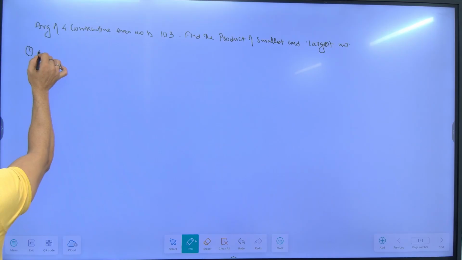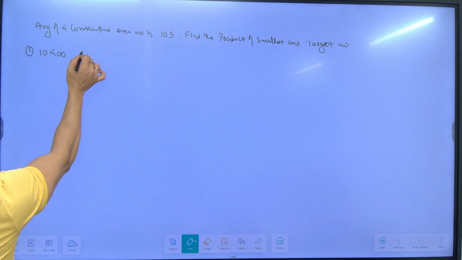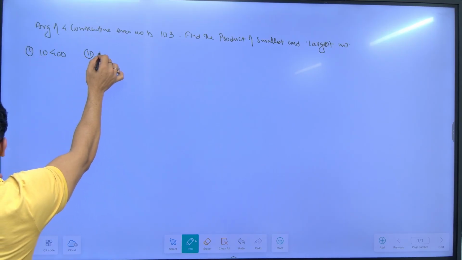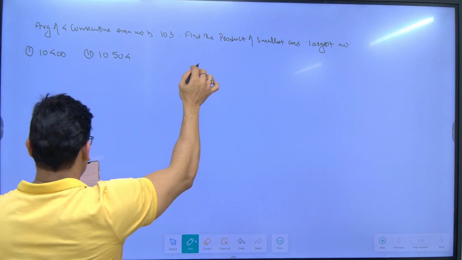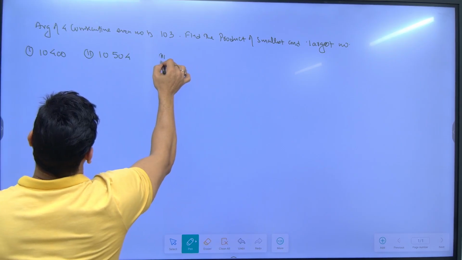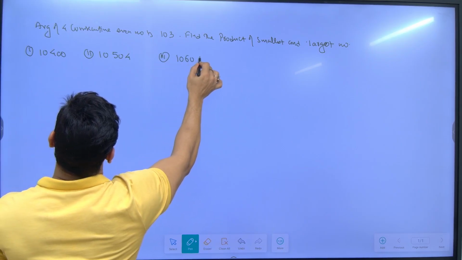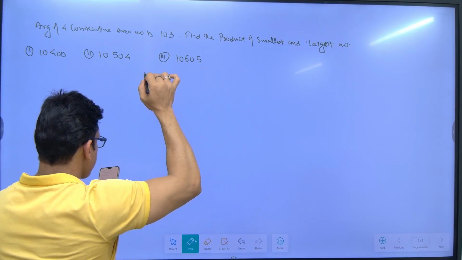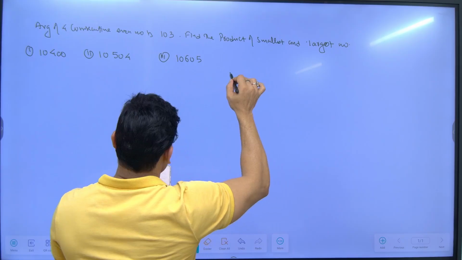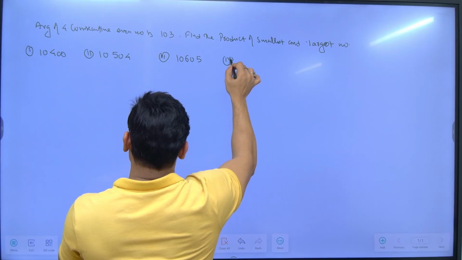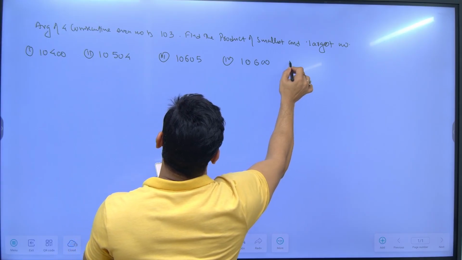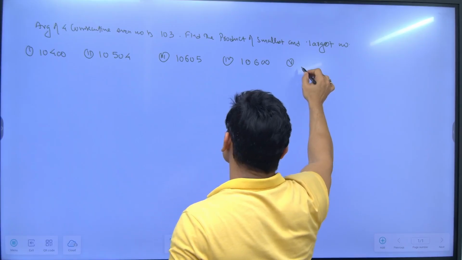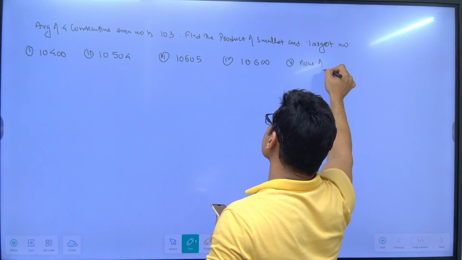Options: first is 10400, second is 10504, third is 10605, fourth is 10600, and fifth is none of these.